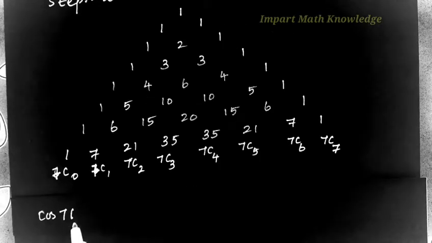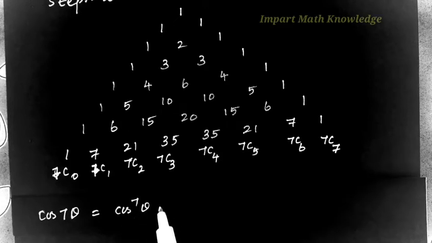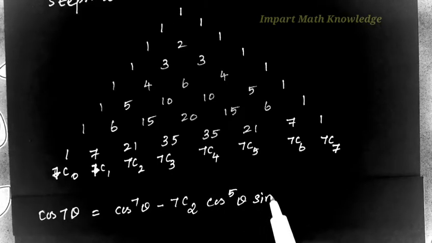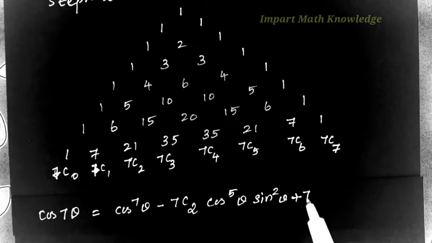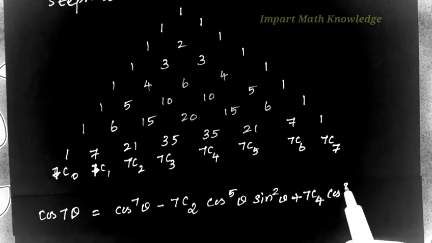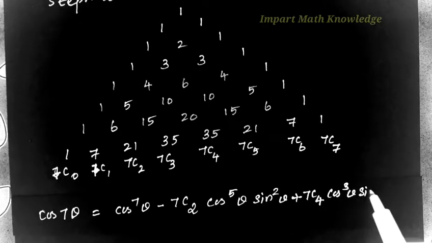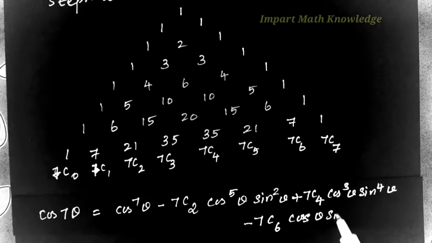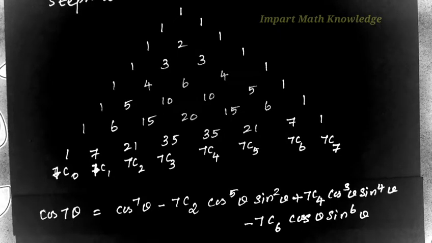Now we expand cos 7 theta. That is cos power 7 theta, minus 7C2 cos power 5 theta sin square theta plus 7C4 cos power 3 theta sin power 4 theta, minus 7C6 cos theta sin power 6 theta.